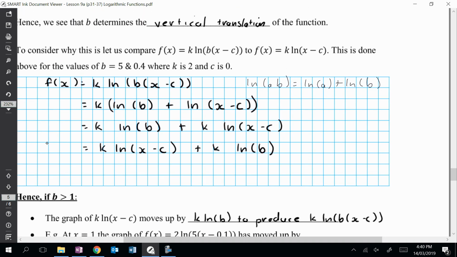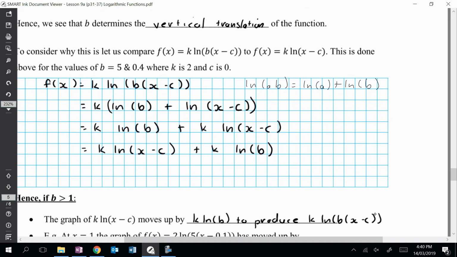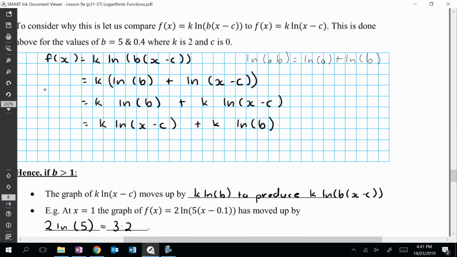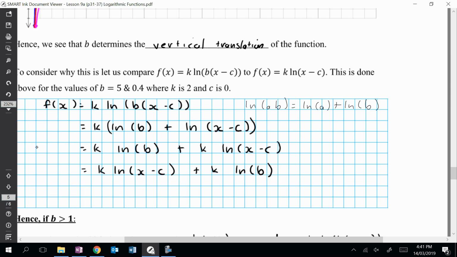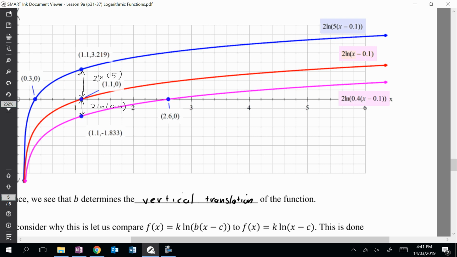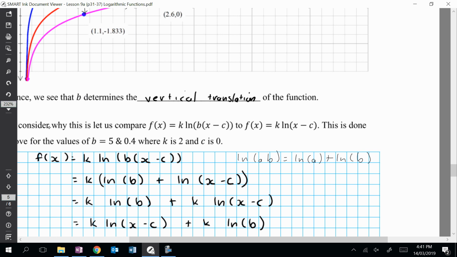So if b is greater than 1, then the graph moves up by k ln b to produce k ln(b(x − c)). We can see that 2 ln 5 is about 3.2. So if we look at x equals 1, then it's moved from 0 up to about 3.2, which is what we expect.